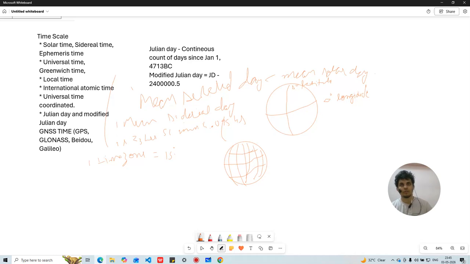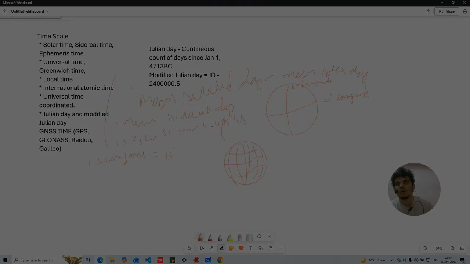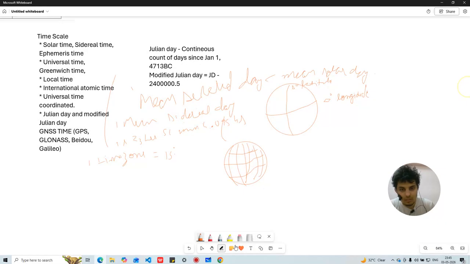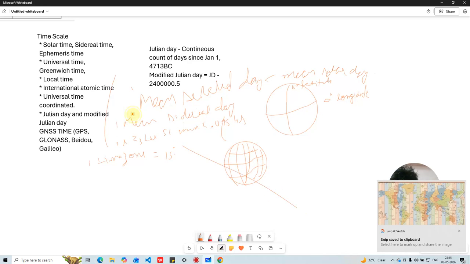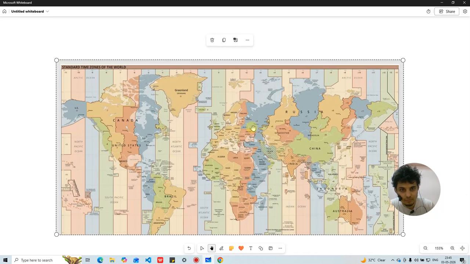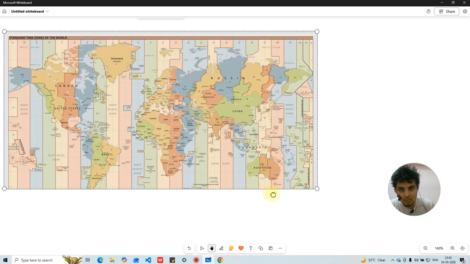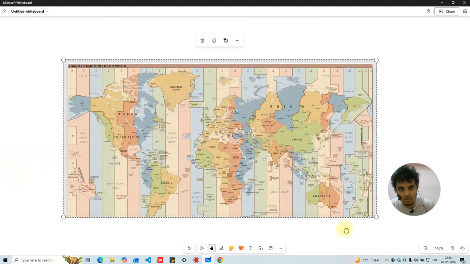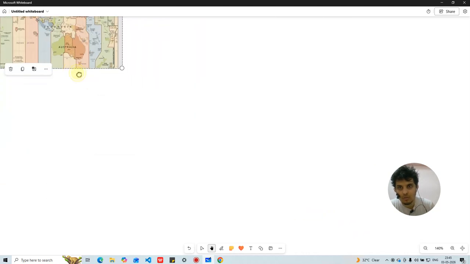For reference, here you can see how time is divided. Hope that answers it. Just pause the video here and look if you want to.